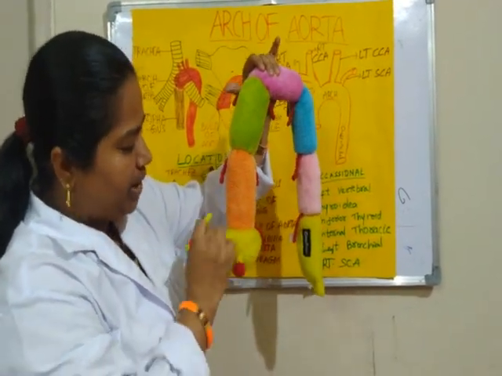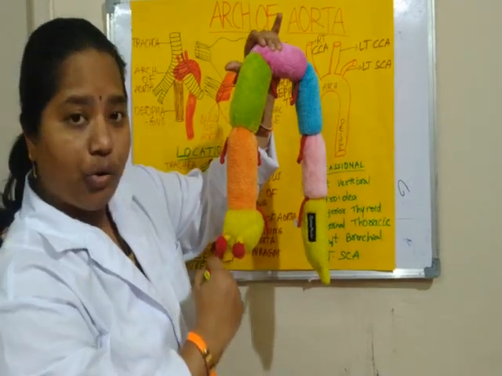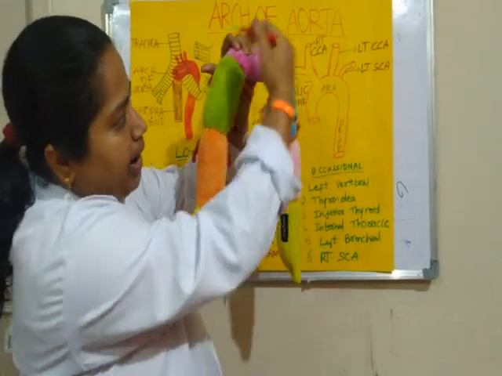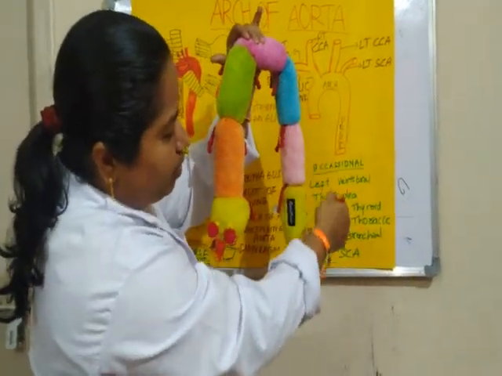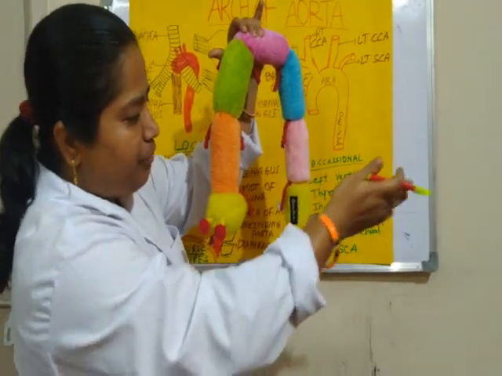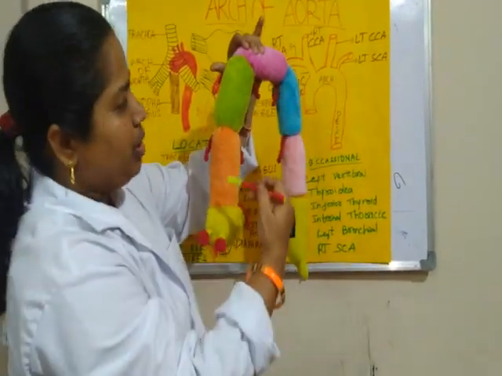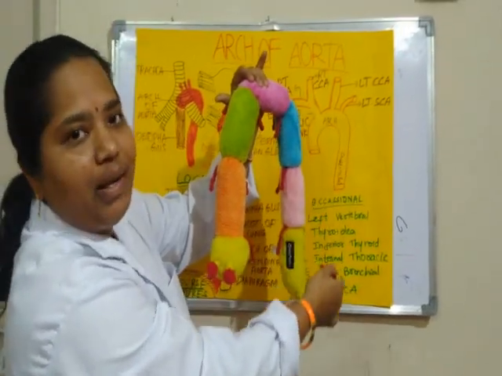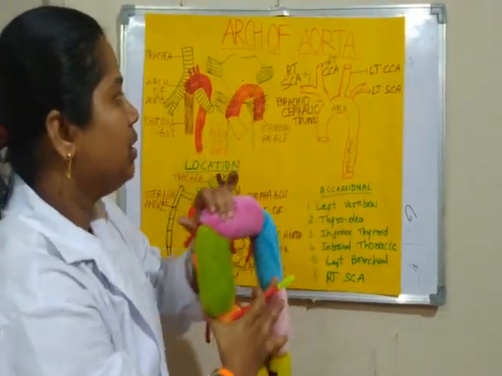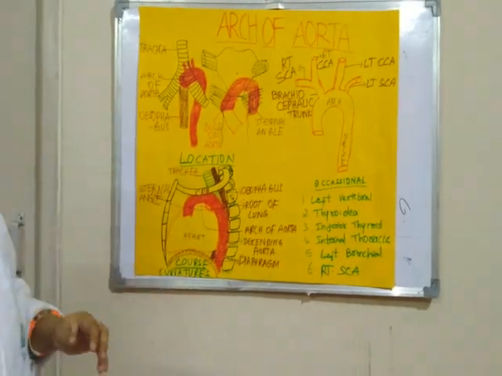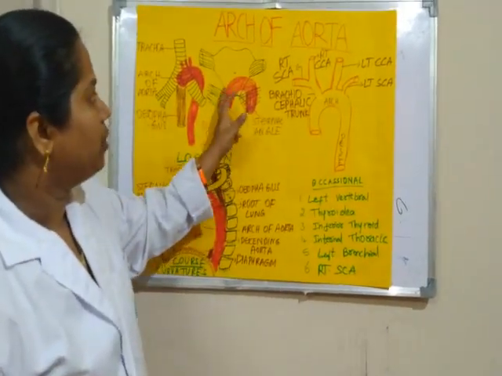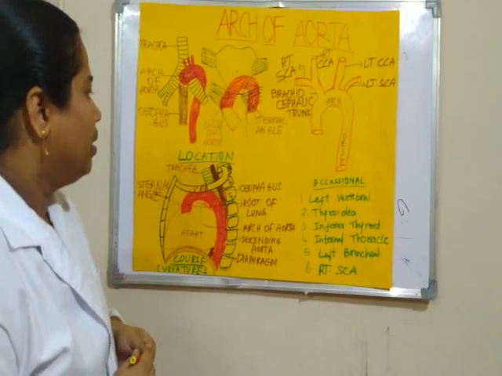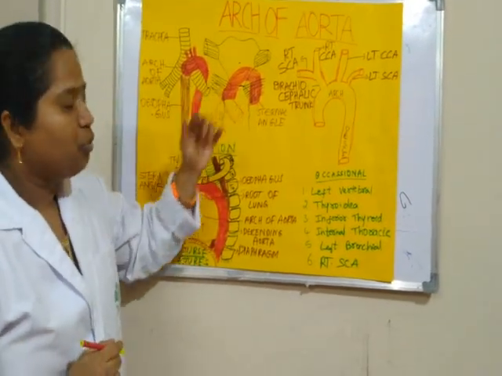So though it begins just behind the right chondrosternal joint, it ends backwards somewhere behind the left chondrosternal joint, since its course is running backwards and towards the left side. So this is the extent of arch of aorta. The extent and course are finished.